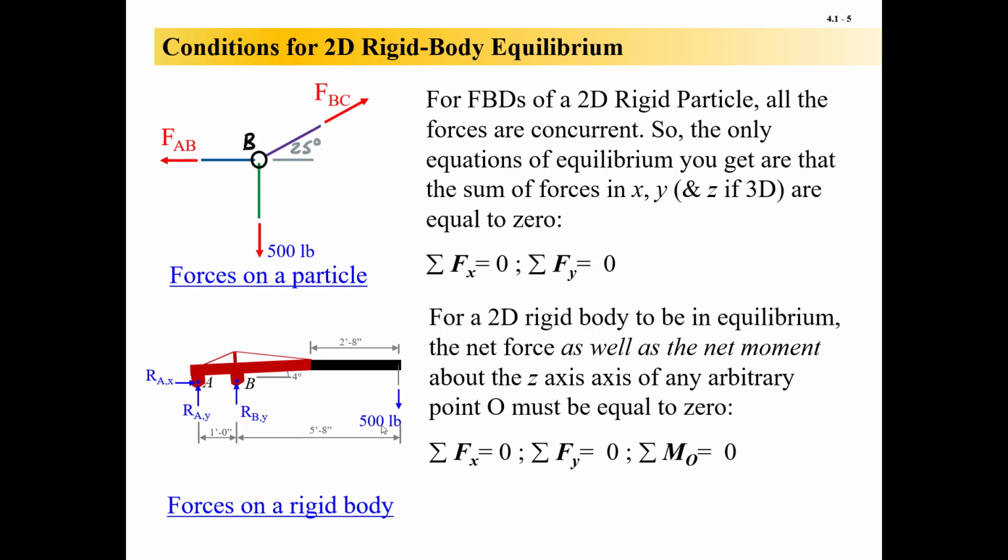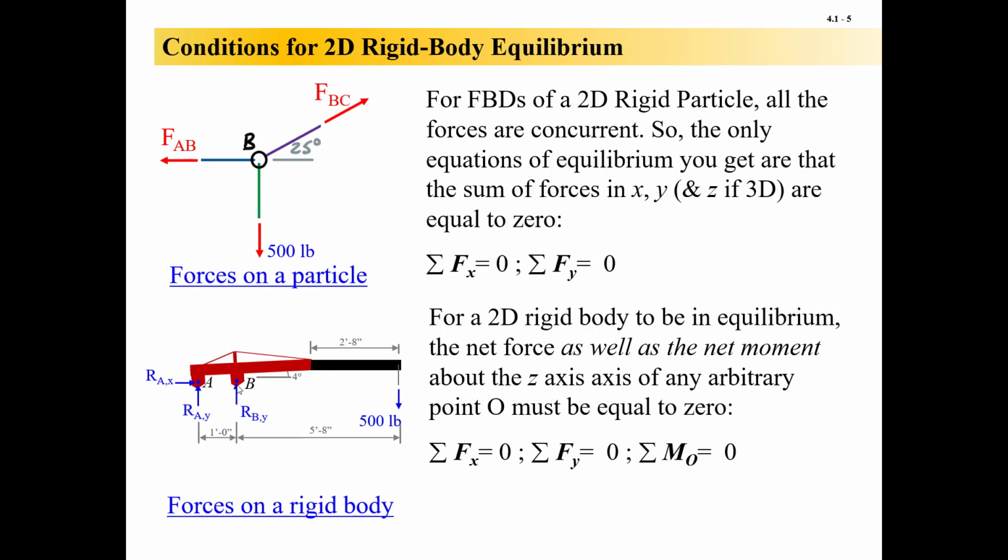I should say, it is the moment about the z-axis. We have X going to the right maybe and Y going up. Z's coming out of the page right at you, like in 3D. And so the moments are about that axis. So if we say sum of moments about B, keep in mind we are talking about moments about the axis sticking out of the page.